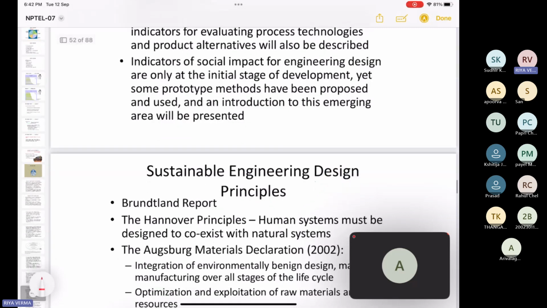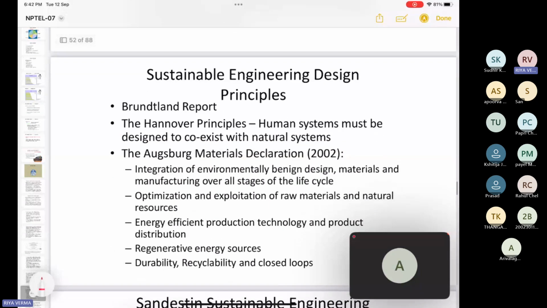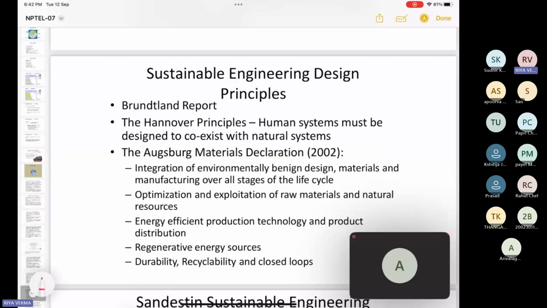So, coming towards some of the principles of sustainable engineering design. First, we have the Brundtland report, where we got the idea of this sustainability principle. The definition came from this Brundtland report only. Then we had the Hanover principles, that human systems must be designed to coexist with the natural system. Then the Augsburg Materials Declaration, in which there is integration of environmentally benign design materials and manufacturing over all stages of the life cycle.